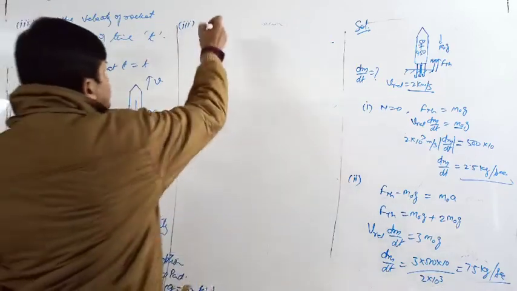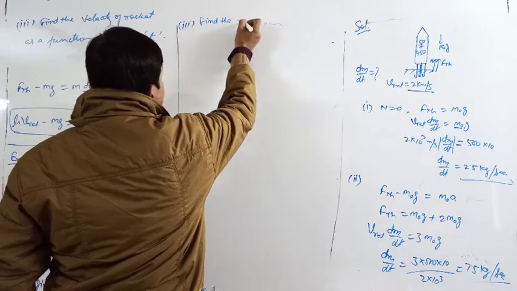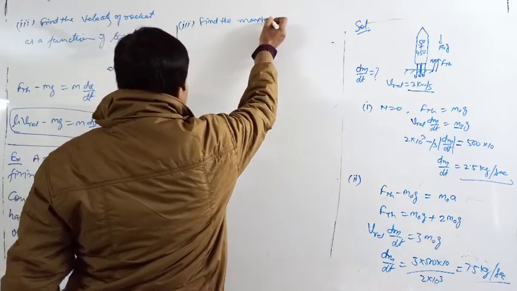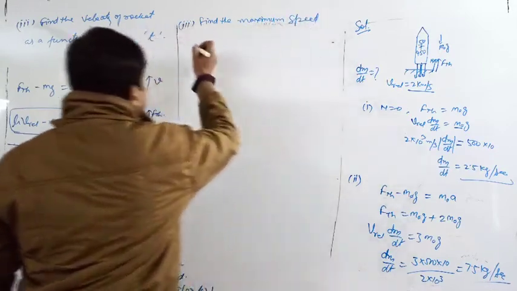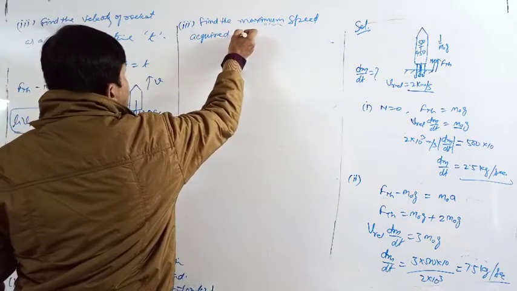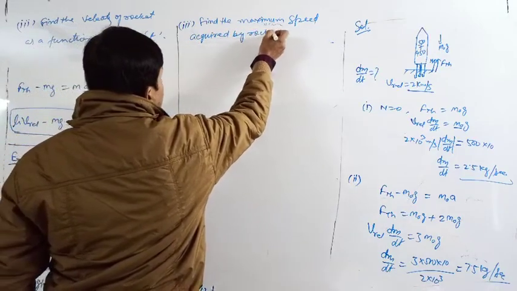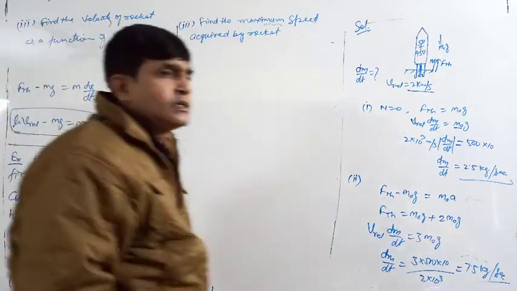Find the maximum speed acquired by the rocket. Maximum speed acquired by the rocket. Yes. How to solve this? How to get this?